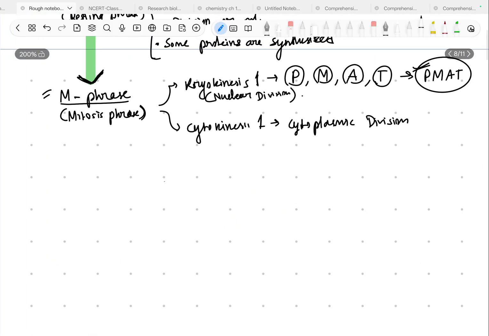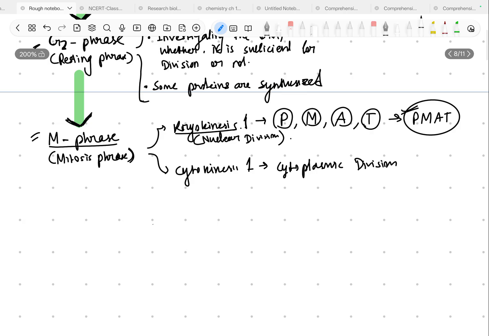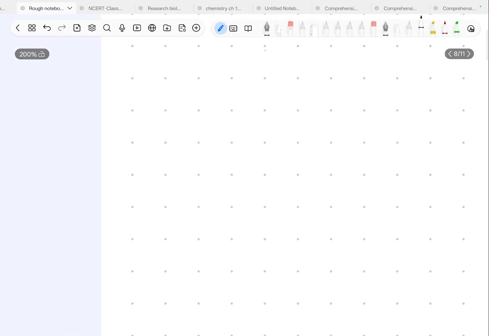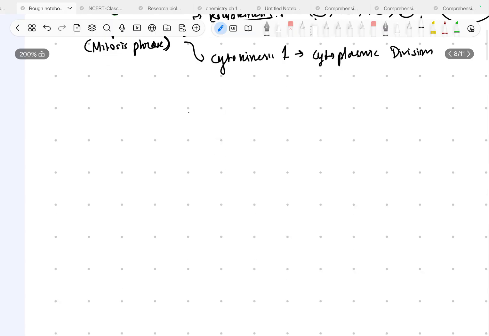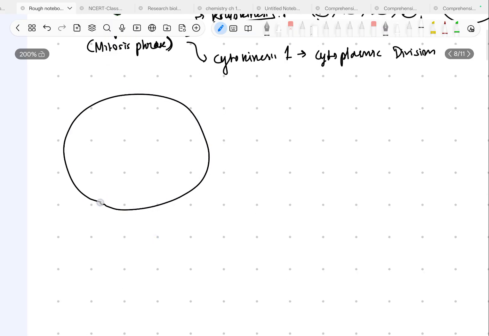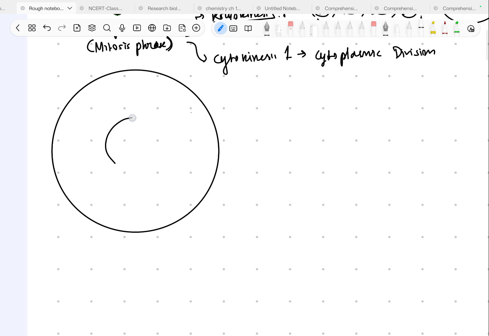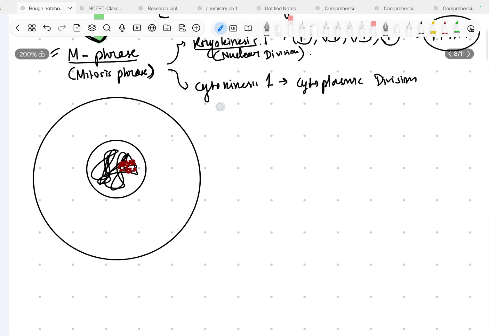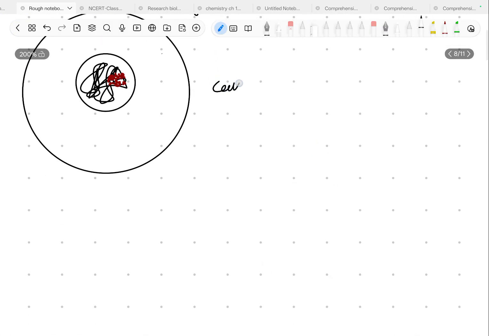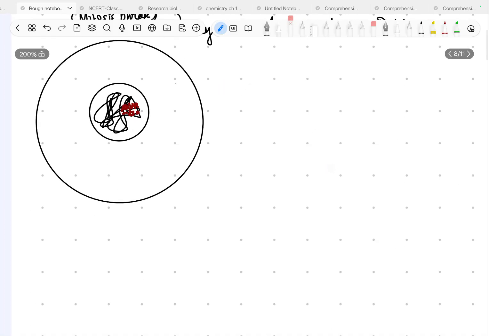Basically, we are starting from karyokinesis 1. When the cell is not dividing, it has the chromosomes. Here we are not describing other cell organelles, like the endoplasmic reticulum and Golgi apparatus, which are not needed for now.